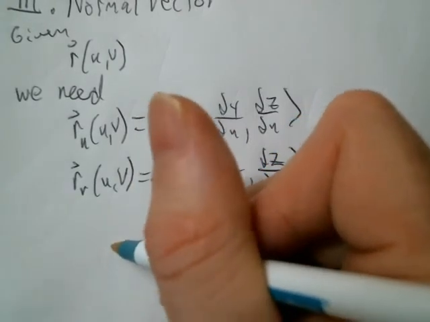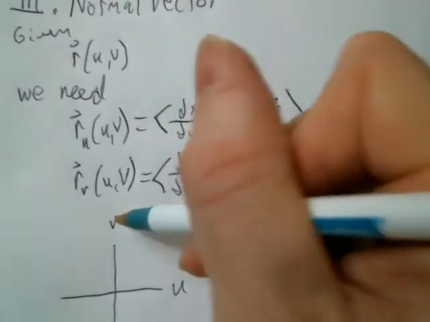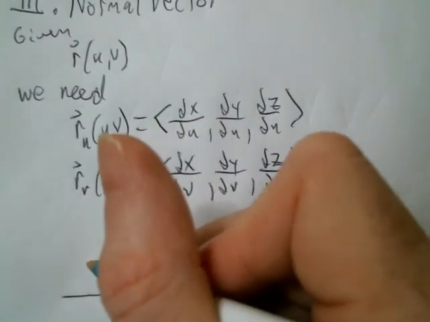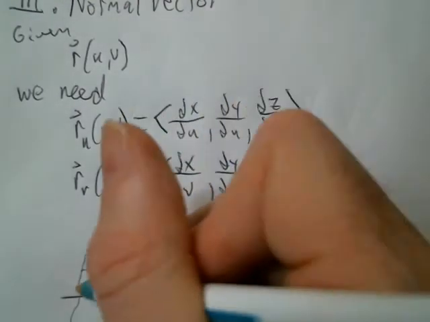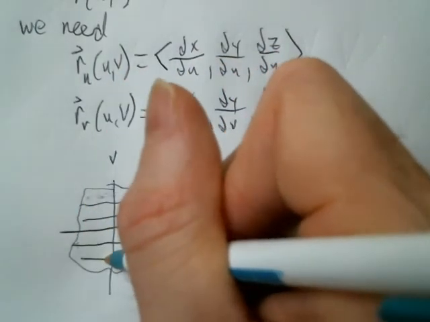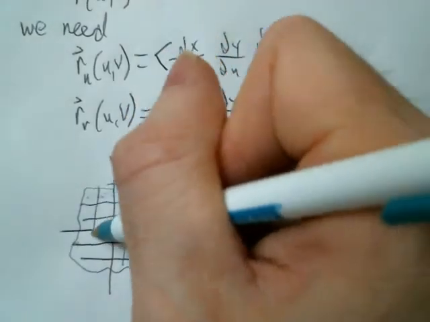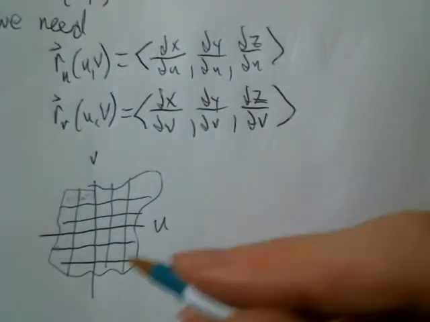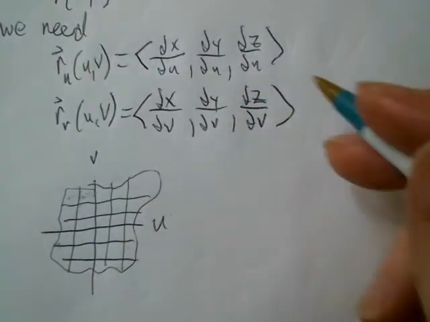So we're going to be moving from the uv plane, and we have some region here that's sectioned up into a bunch of changes in u's and changes in v's. What we're thinking of right now is, what exactly does this mean geometrically?